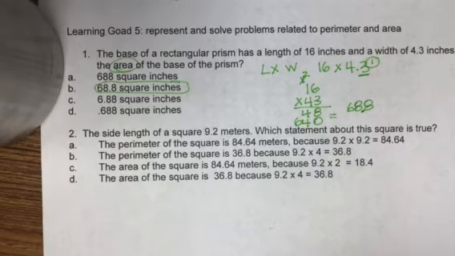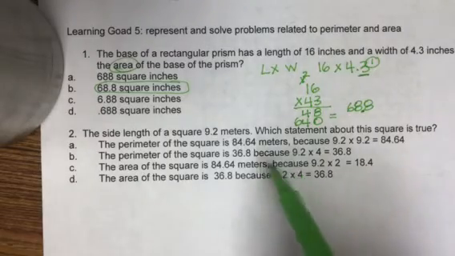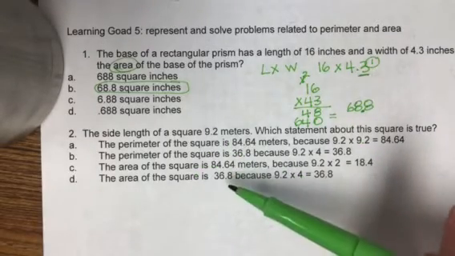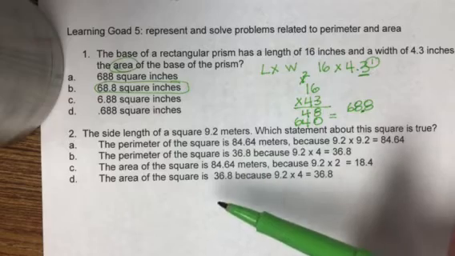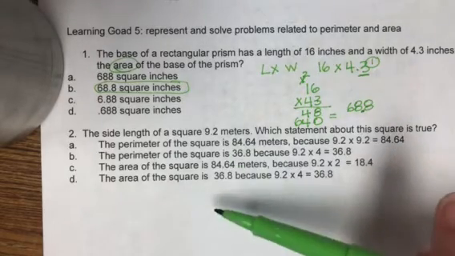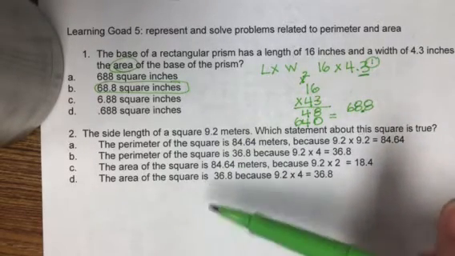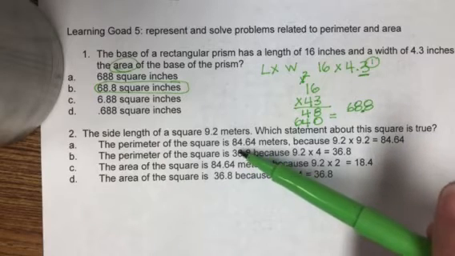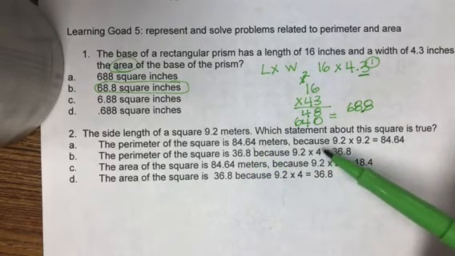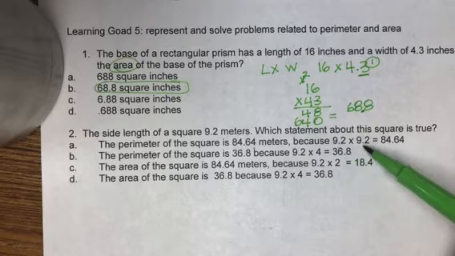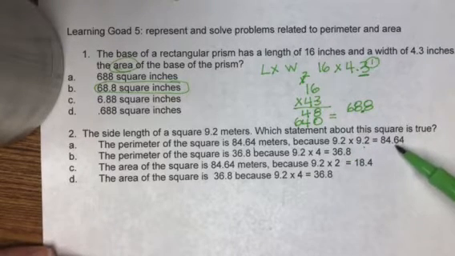And the last one, it says the side of a square is 9 2/10 of a meter, which statement is true. On this one you need to go ahead and find both the area and the perimeter and match your answers to which one is correct. The perimeter is 84 6400 because 9 2/10 times 9 2/10 is 84 6400.